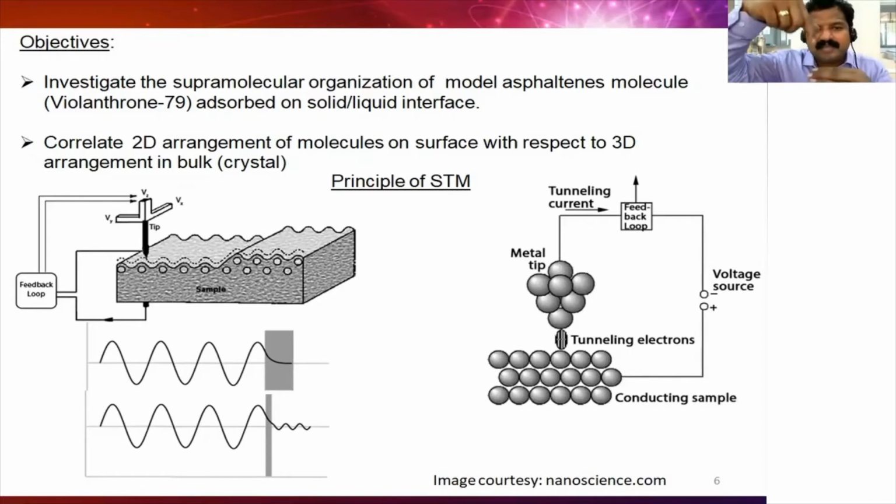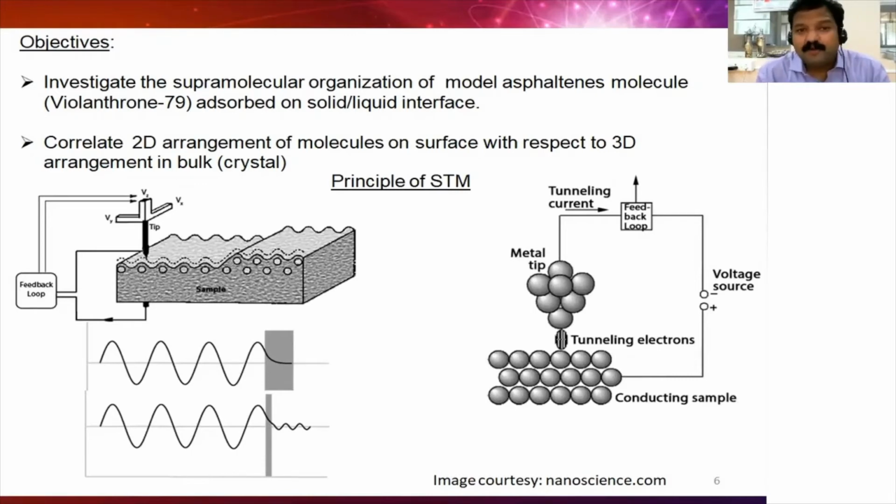When the tip and the sample are extremely close, under the applied voltage, electrons tunnel from the end atom of the tip to the sample. And since this tunneling takes place between the atomically sharp end atom of the tip and the sample, this is the reason for getting the molecular level resolution for this kind of image.